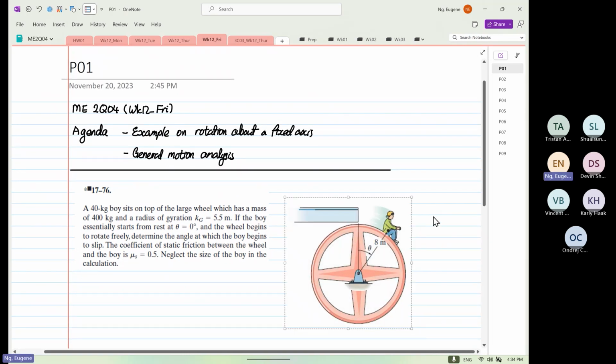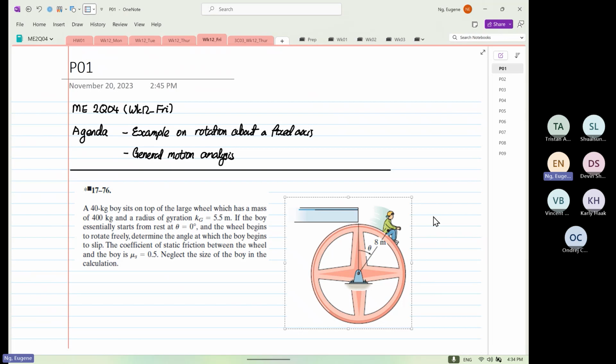Right. So we have a boy sitting on top of a large wheel, which has a mass of 40 kilograms and a radius of gyration, kG, of 5.5 meters. If the boy essentially starts from rest at theta equal to 0, and the wheel begins to rotate freely, determine the angle at which the boy begins to slip.